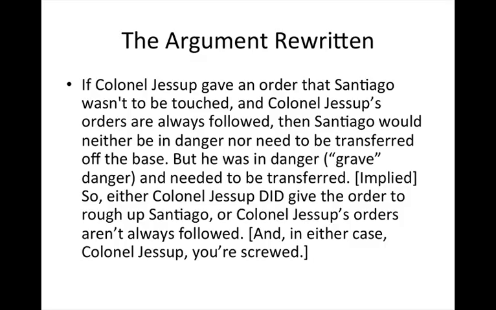If Colonel Jessup gave an order that Santiago wasn't to be touched, and Colonel Jessup's orders are always followed, then Santiago would neither be in danger nor need to be transferred off the base. But he was in danger and needed to be transferred. So, either Colonel Jessup did give the order to rough up Santiago, or Colonel Jessup's orders aren't always followed. And of course, we know where this is going. In either case, Colonel Jessup, who's been backed into a corner, is in big trouble.